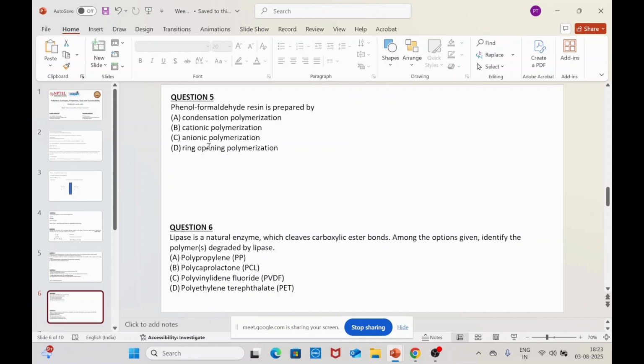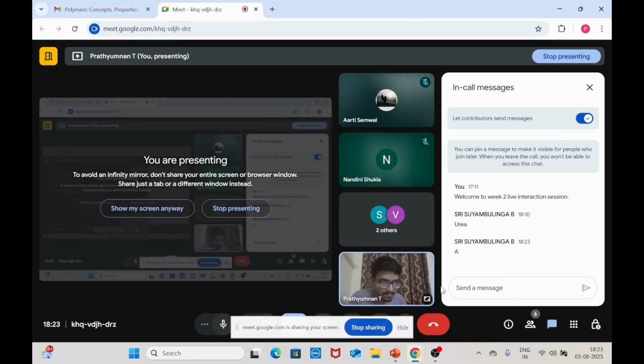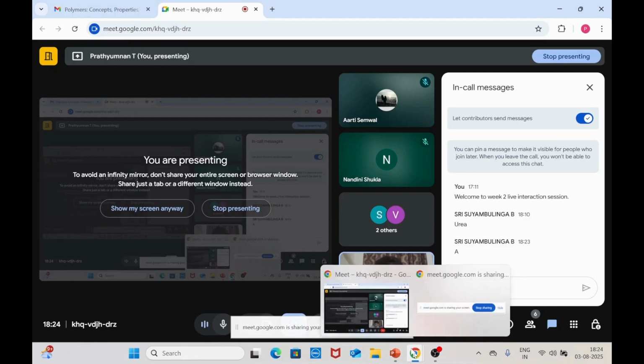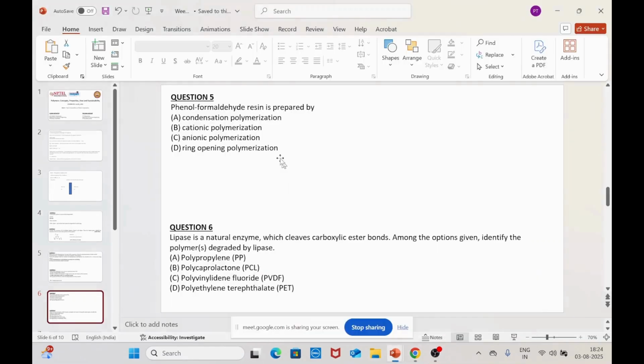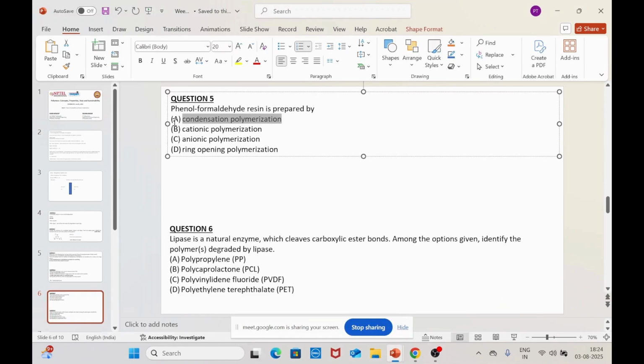What kind of polymerization does this phenol and formaldehyde go through? A. Okay, yes. Condensation polymerization.